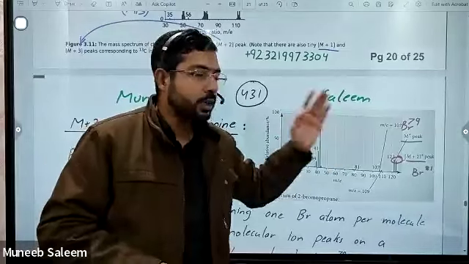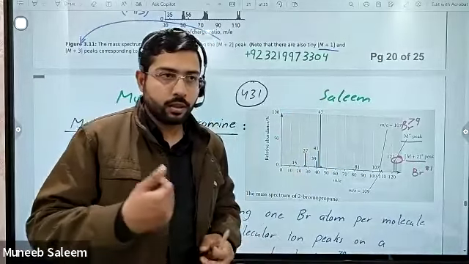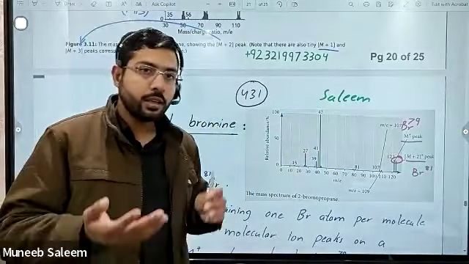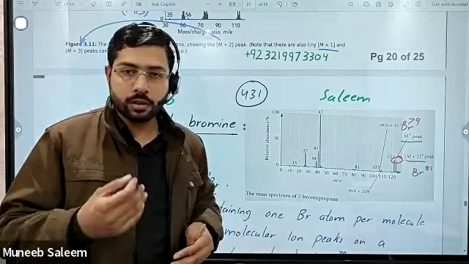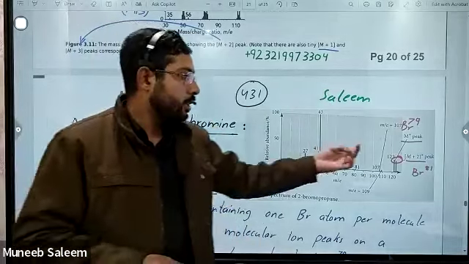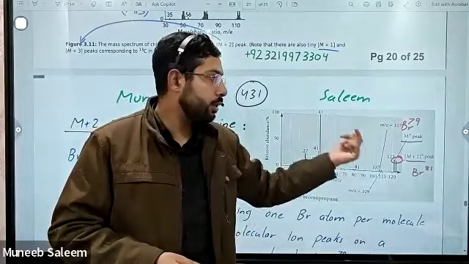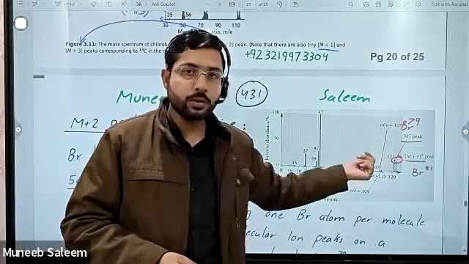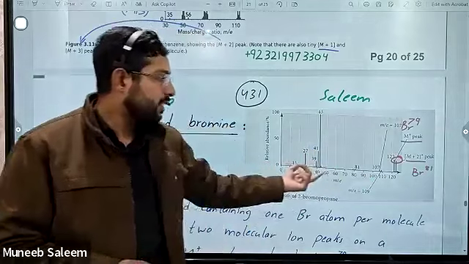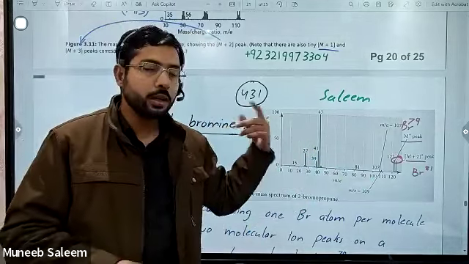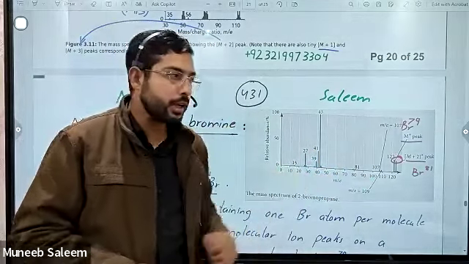Whereas in case of bromine, their intensities are almost similar and their isotopes also differ by 2, but the intensities are the same, which means you will be able to distinguish whether this mass spectrum belongs to a compound containing a bromine atom or a chlorine atom.